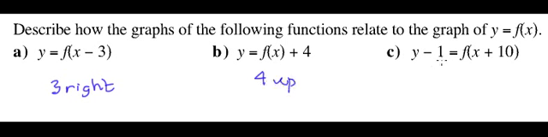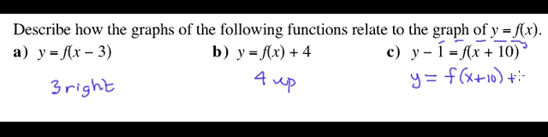And here, again, they're trying to catch us by putting this minus 1 in what I feel is the wrong place. There's nothing technically wrong with it, but I find it difficult to read them when they're over there, and I'm much more comfortable this way. Two things happening now. Translation 10 units left, and this is outside, so it's not horizontal, it's vertical, 1 unit up.